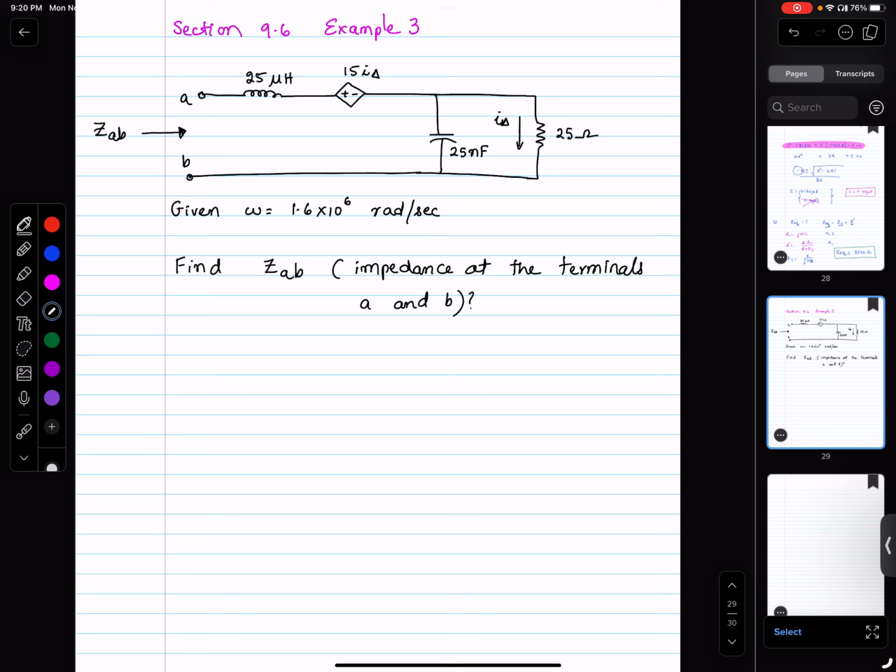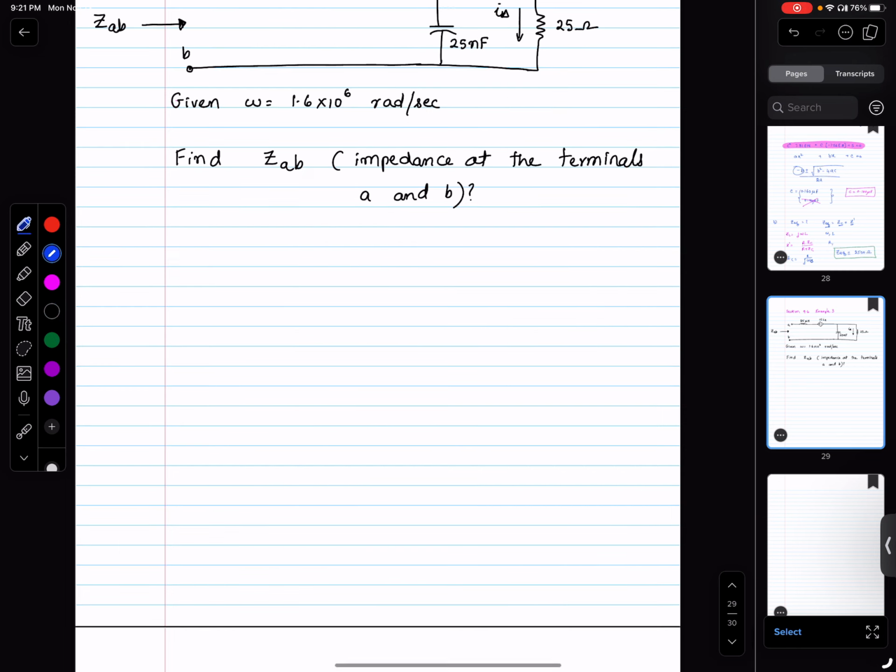Now, if you have not seen this before, we are going to use this method called the V-test, I-test method.